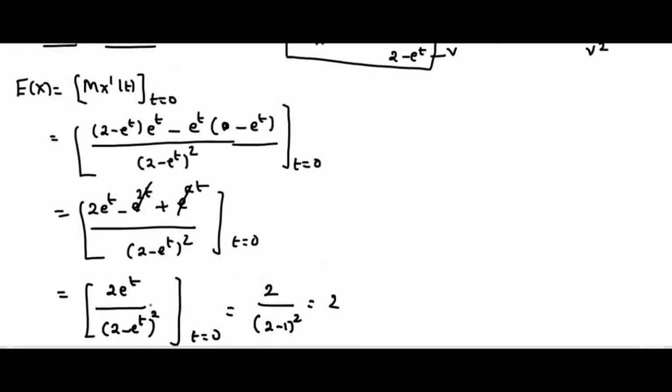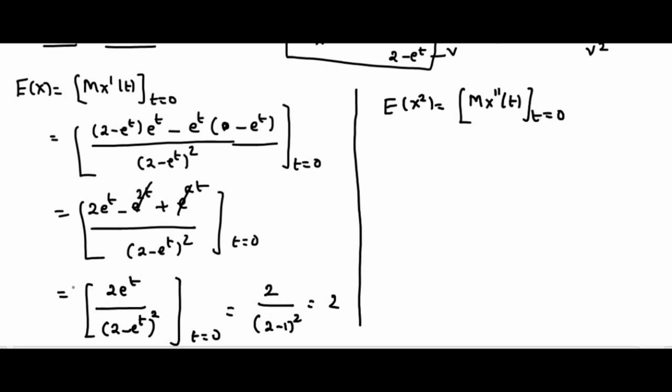Next, E of X square. How to find E of X square? E of X square is nothing but once again differentiating with respect to t, which means E of X square equals Mx double dash of t, substituting t equal to 0. Once again differentiate with respect to t.